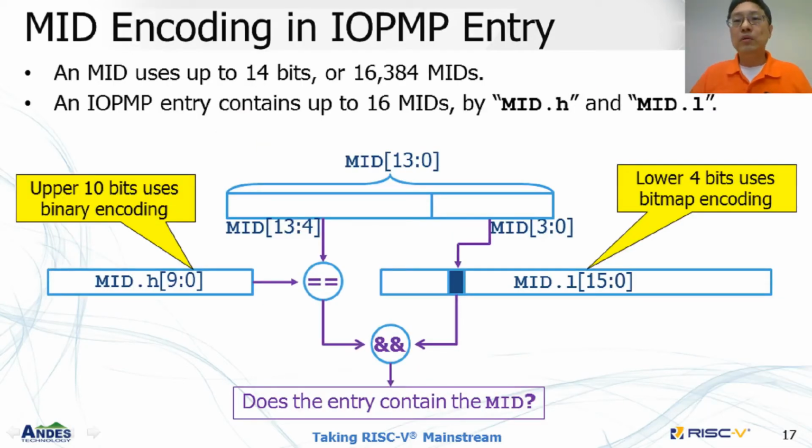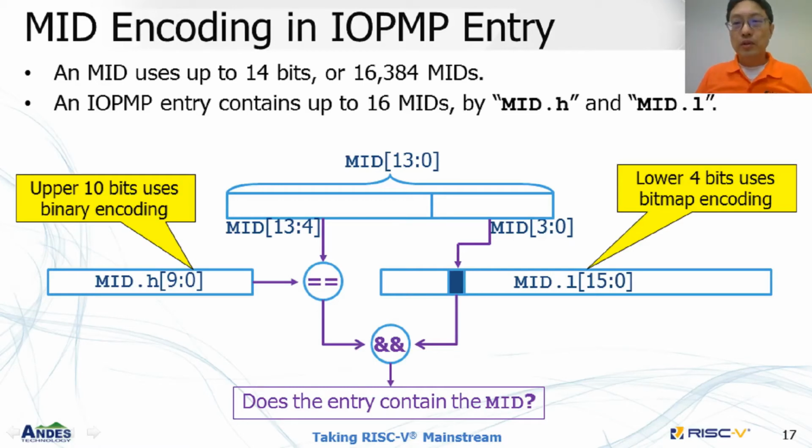In this proposal, an MID uses up to 14 bits. Each IOPMP rule contains two fields, MID.H and MID.L, to store at most 16 MIDs. When an IOPMP does an MID comparison, the 14-bit MID carried by a transaction is split into the upper 10 bits and the lower 4 bits.